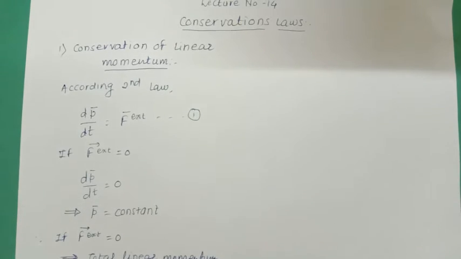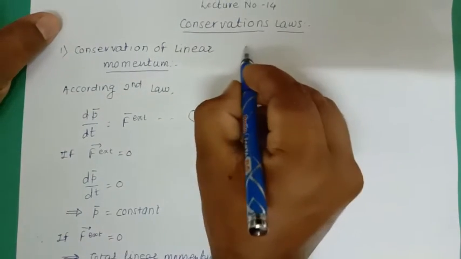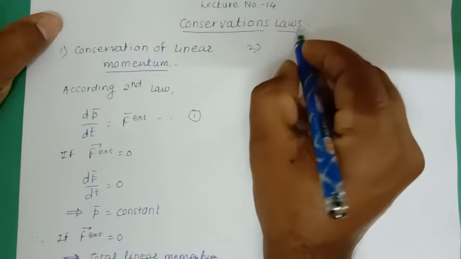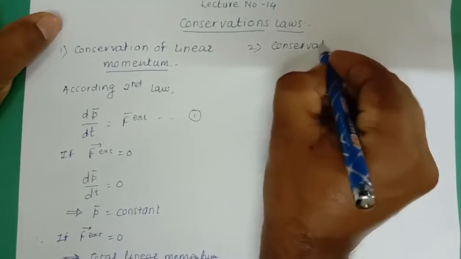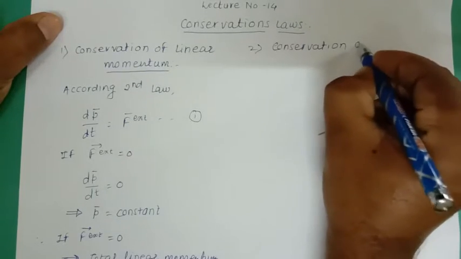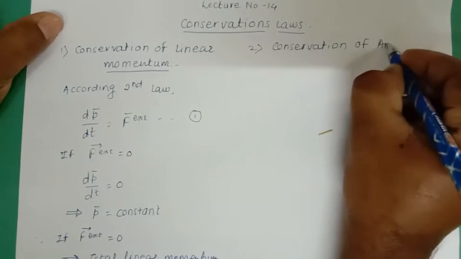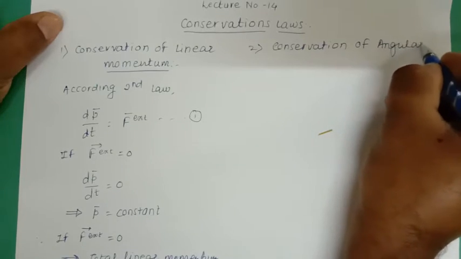So we should know which quantities remain conserved when the particle is not moving in a straight line but in a curved path. So let's look at this part of the lecture. The next conserved quantity is the conservation of angular momentum.